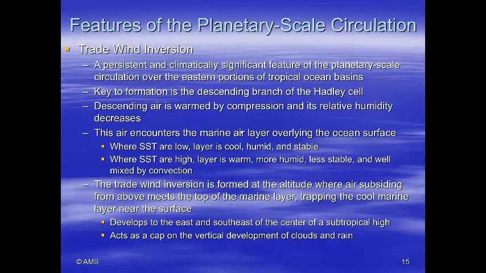This air encounters the marine air layer overlying the ocean surfaces. Where the sea surface temperatures are low, the layer is cool, humid, and stable. Where the sea surface temperatures are high, the layer is warm, more humid, less stable, and well mixed by convection.